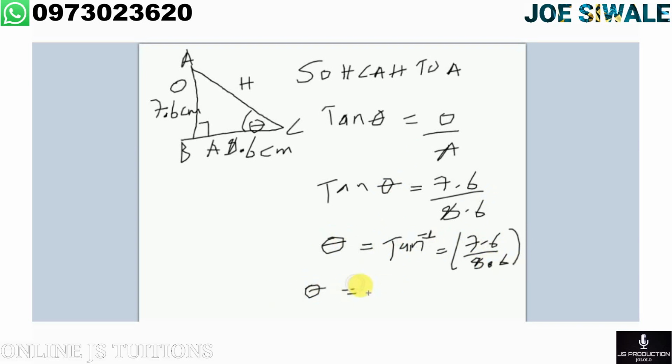Punching this on the calculator, it's giving me 41.45 degrees if I round off to 2 decimal places. So this is how you calculate the angles in a right-angled triangle using SOHCAHTOA.